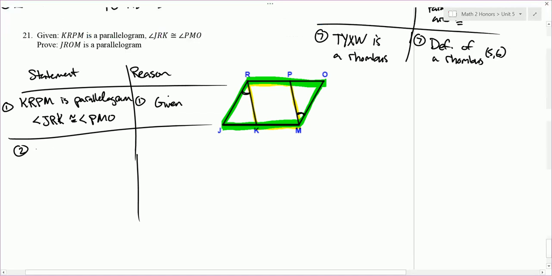Well, first of all, we can say that JM is parallel to RO.